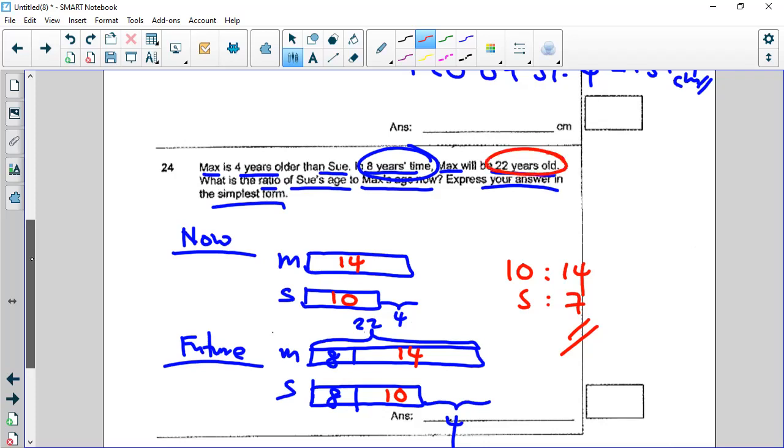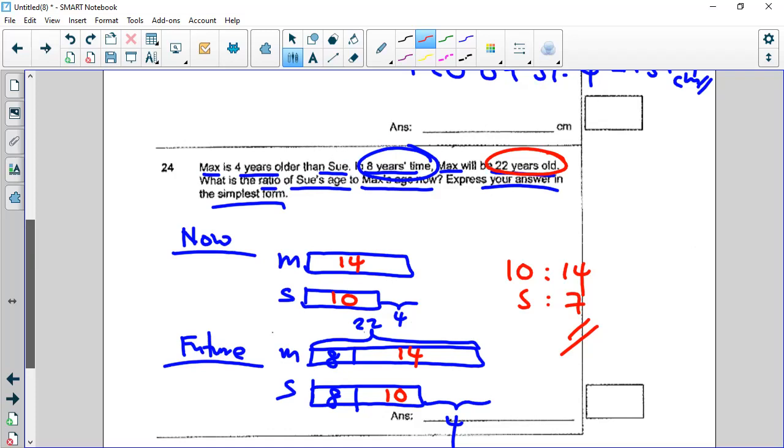So when is Max going to be 22 years old? In 8 years' time. So how old is Max now? You must take 22 minus 8 to get 14. So Max is not 22 years now. Max is going to be 22 years old in 8 years' time. So, Suren, you got it already, understand?